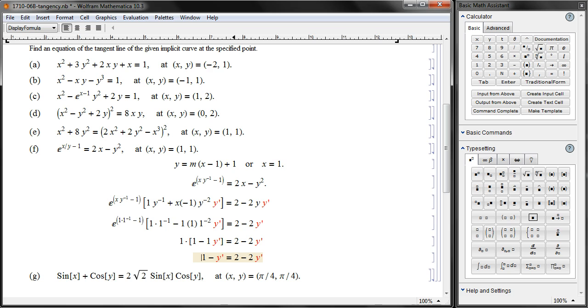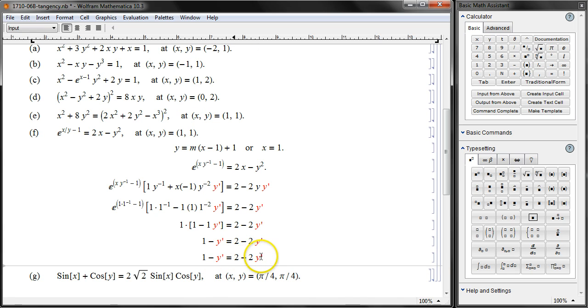We're almost there. Let's get all the y prime terms to the left hand side, and then we're going to be through. Alright, move this 2y prime to the other side. We're going to get positive y prime over here. And then flip this 1 to the other side. 2 minus 1, we're going to get 1. So that's what we're going to get.